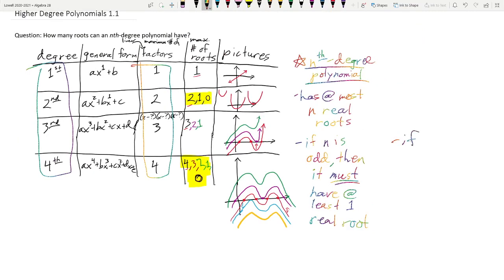And if n is even, it might have none. It might have no real roots. By the way, this is really important to say real here, and this will make more sense in the next couple videos. But hopefully this video was informative.